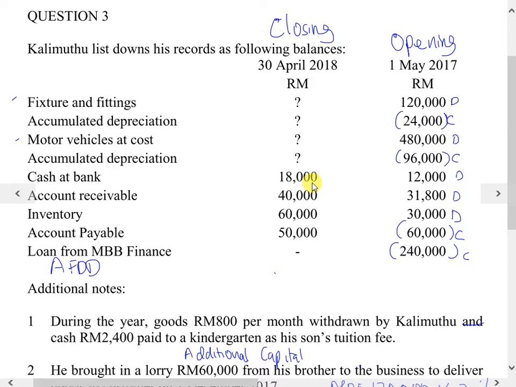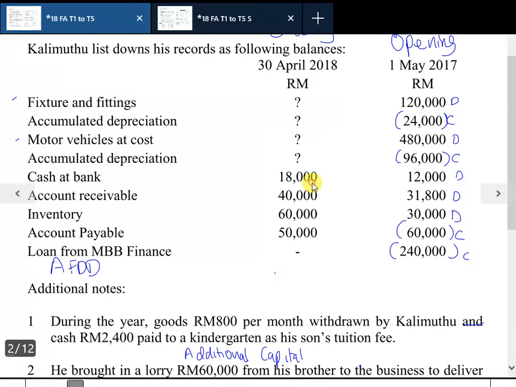You have debit, you have credit, you have assets, you have liability. What can you find? You have A, you have L. Can you find capital? Yes. So your answer will be like this.